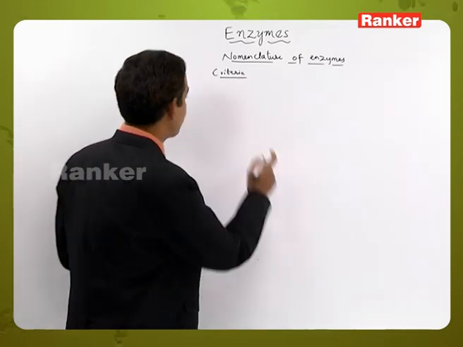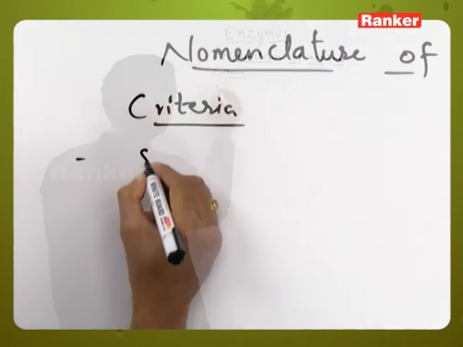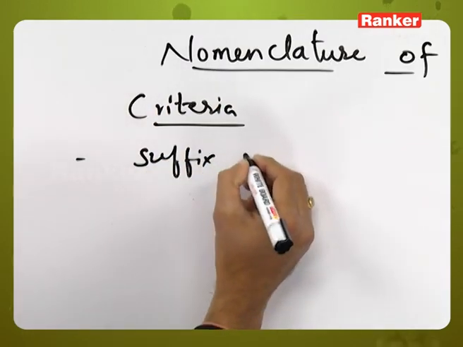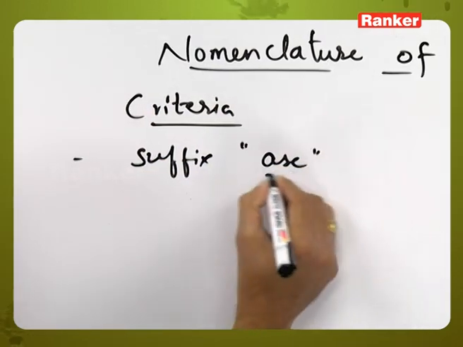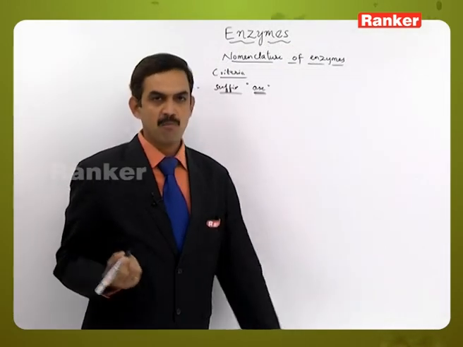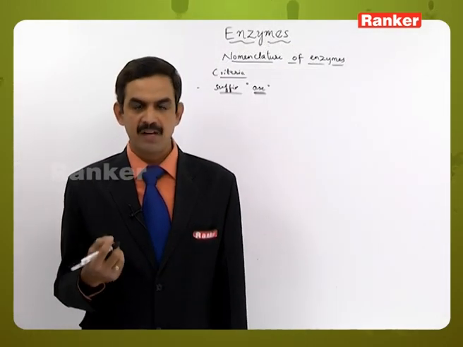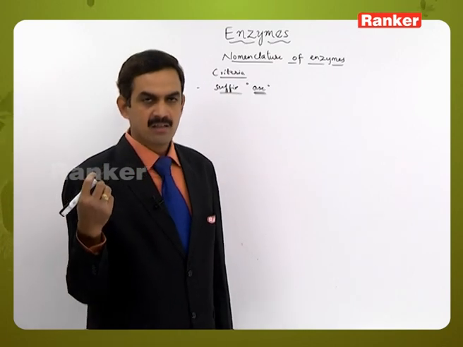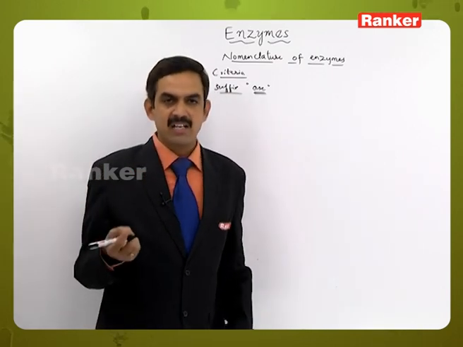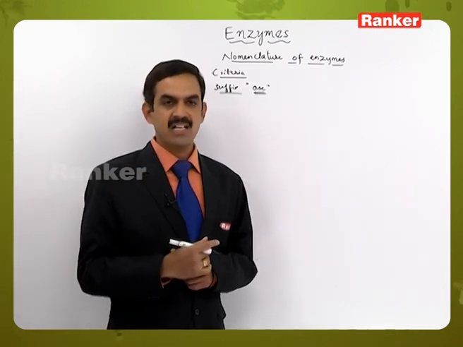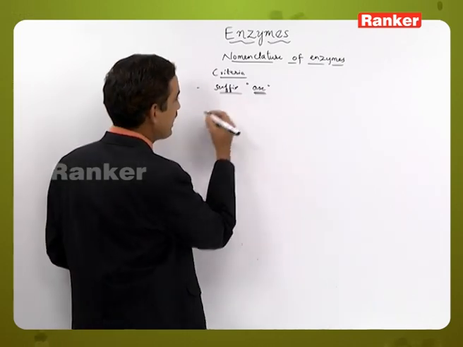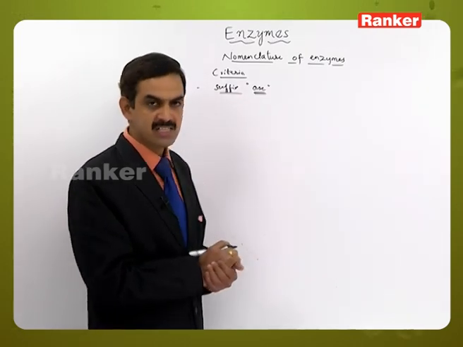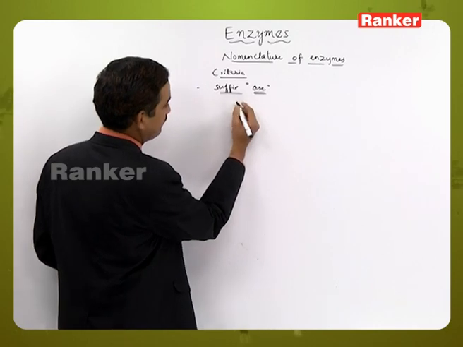So, let us take the first criteria, related to the suffix. "ase" is given to the name of the enzyme. Any enzyme has to end with "ase", depending upon the type of the substrate on which it is acting.